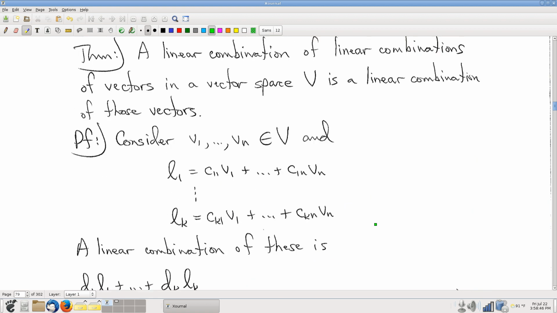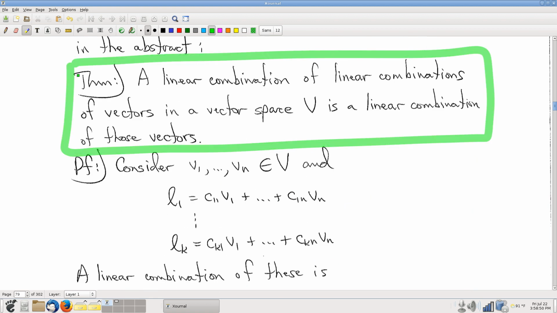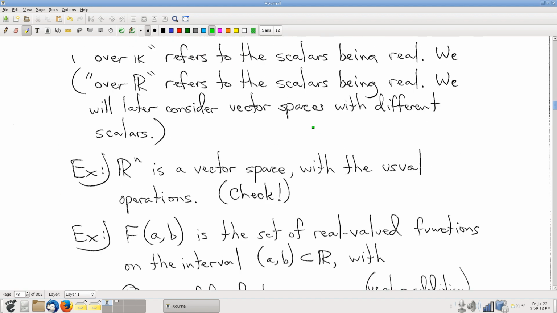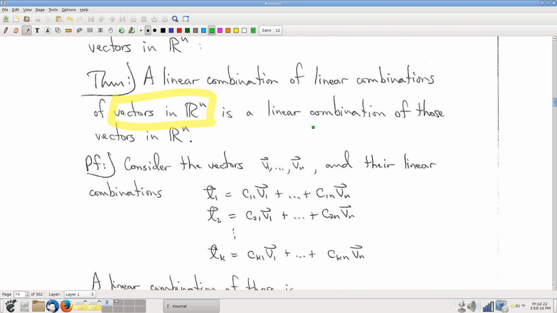Okay, so here's the wonderful thing. Having stated and proved this theorem in the abstract about a vector space V, this now applies to all vector spaces. So, in fact, if I had just done this in the first place, if I had never gotten around to proving that theorem for Rn or proving it for functions, if I had just stated and proved this theorem in the abstract in the first place, I never would have had to prove this.